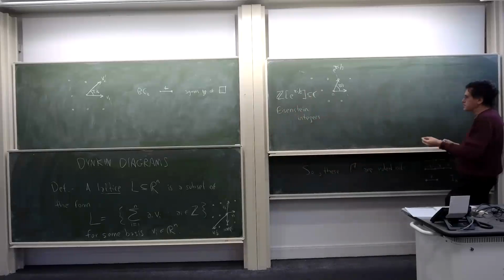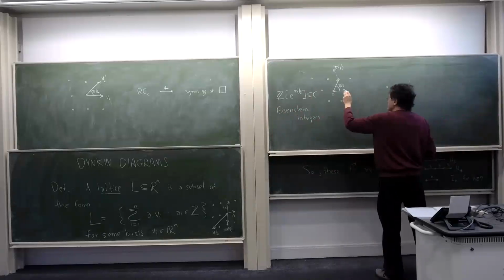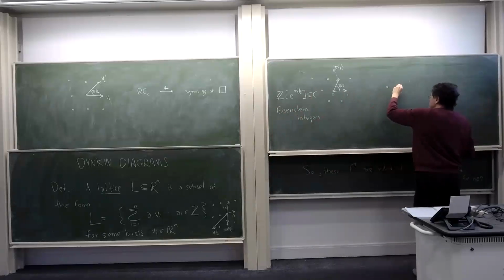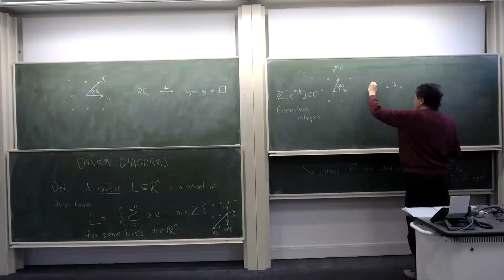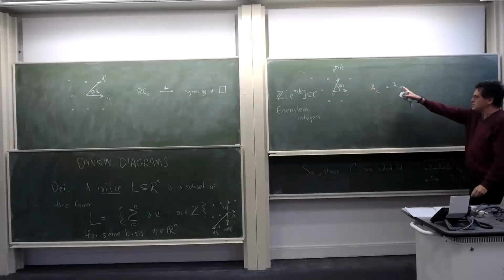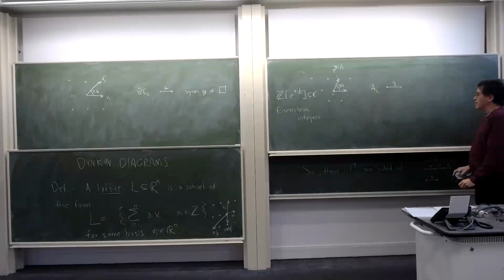And so this choice of roots here is giving us this Coxeter diagram called the A2 Coxeter diagram. That 3 is just coming from this pi over 3 here.